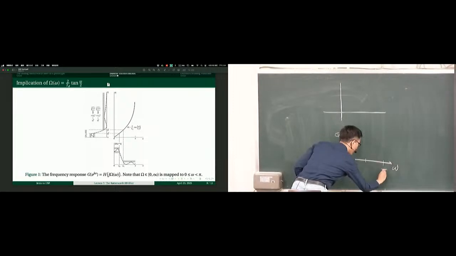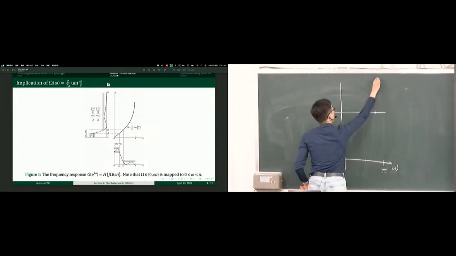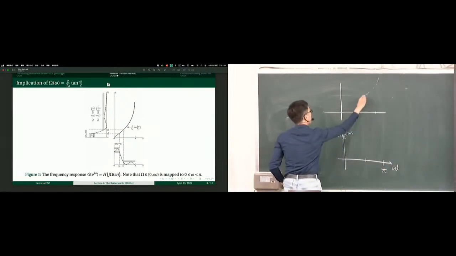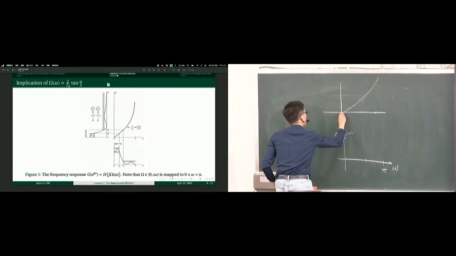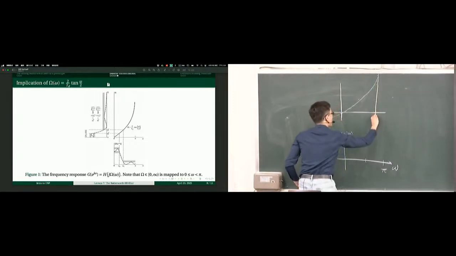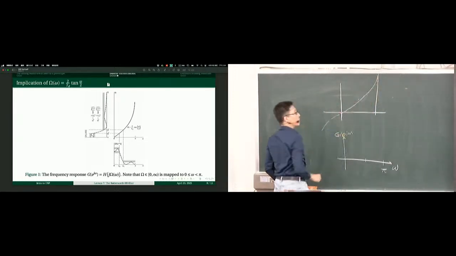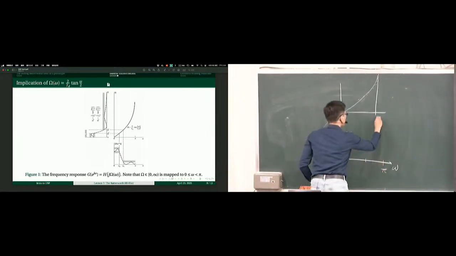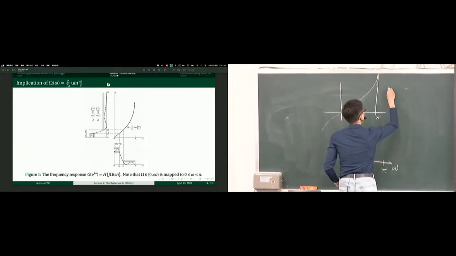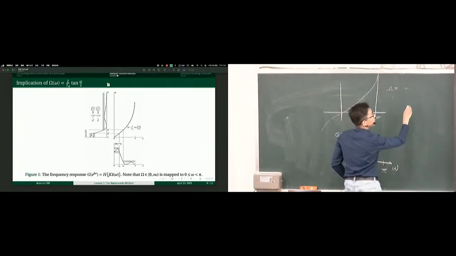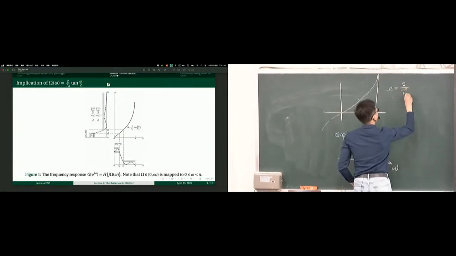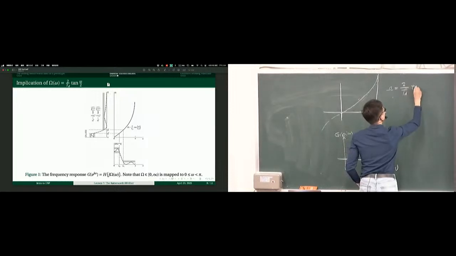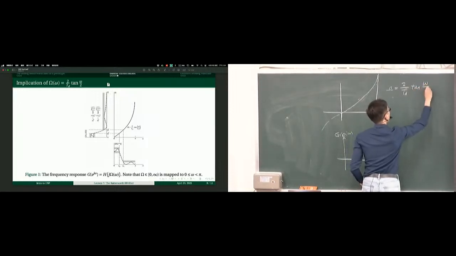Now this is pi, and tangent goes like that, asymptotically approaching infinity at exactly pi, because big omega is this factor, tangent of small omega divided by 2.